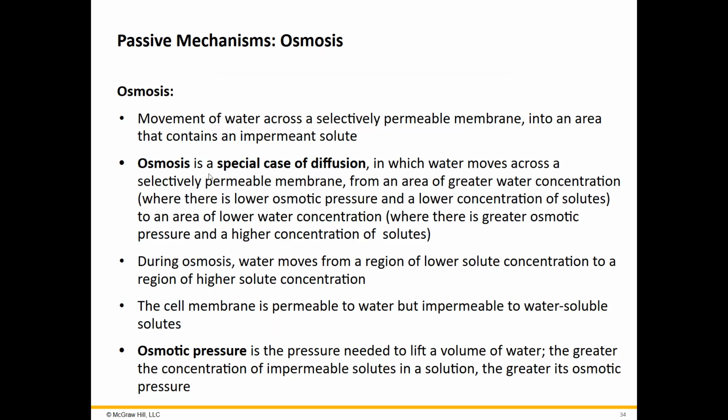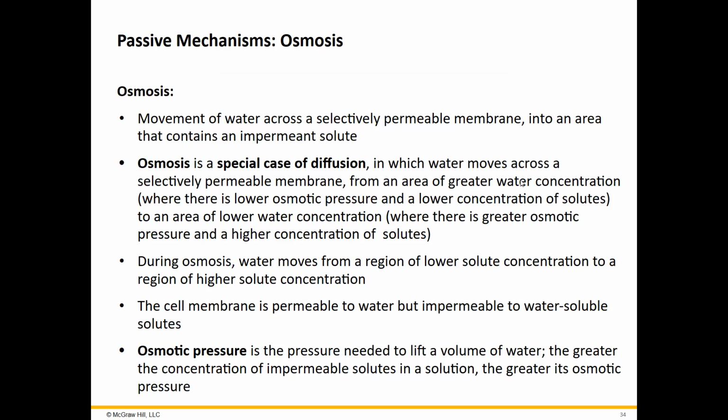So, where there is lower osmotic pressure, that means there is a lower concentration of solutes. So, when we're talking about osmosis, water moves across a selectively permeable membrane from an area of greater water concentration or lower osmotic pressure and lower concentration of solutes.